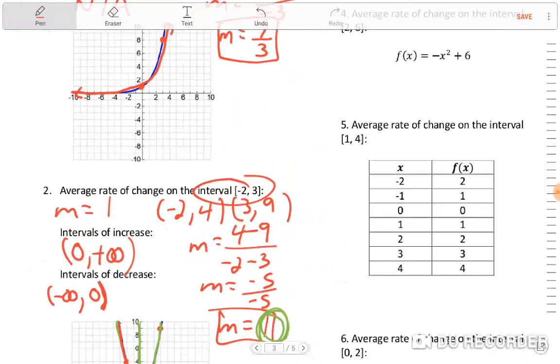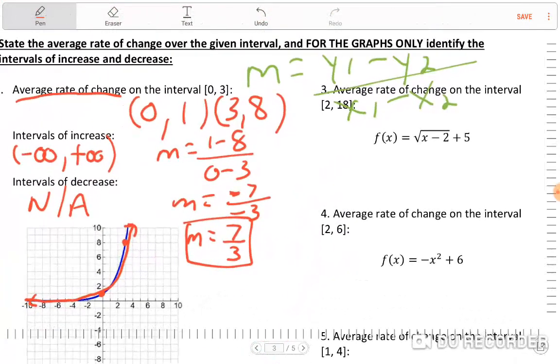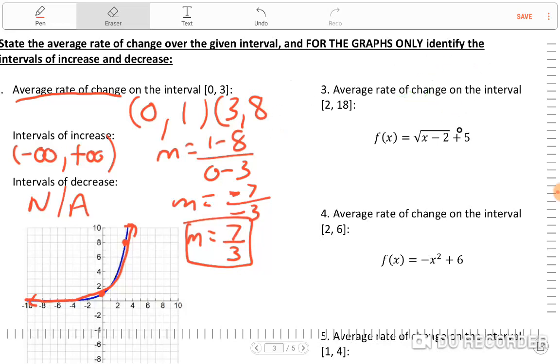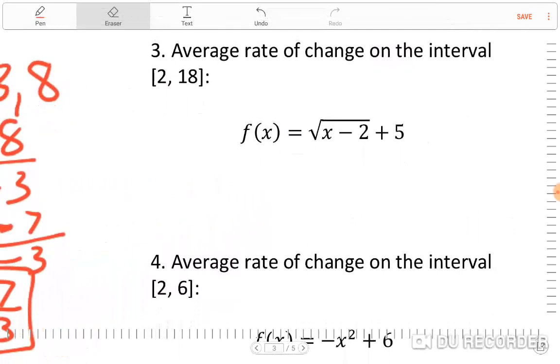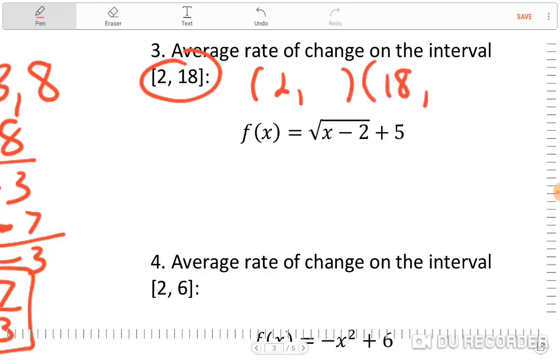Alright, for the remainder of these problems on this page, it's going to be only average rate of change. We don't have to worry about intervals. So for this next one, my interval is 2, 18, so that's 2 comma something, 18 comma something. In order to figure out what that something is, when they give you the equation, you have to substitute.